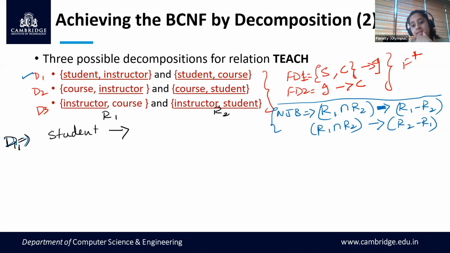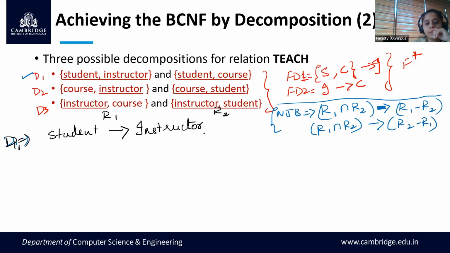Now you tell me R1 minus R2. Yes, correct. The attribute which is there in R1 but not in R2. Which is the attribute? Instructor. So write instructor here.